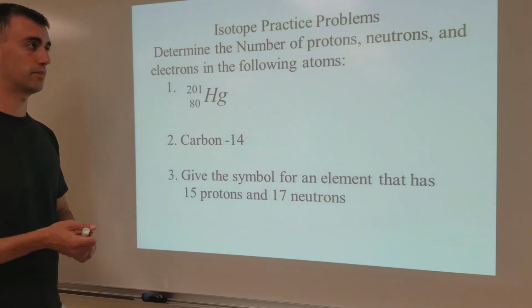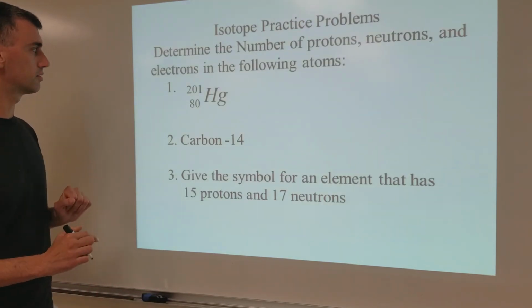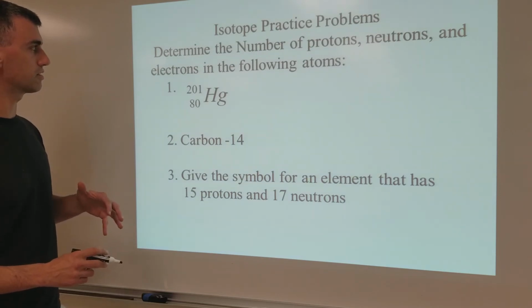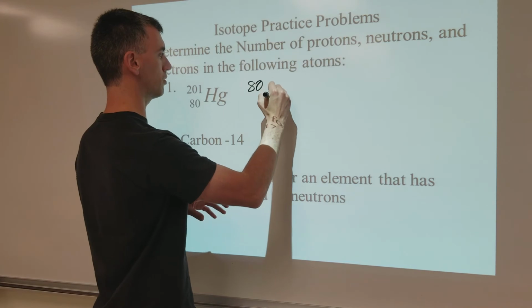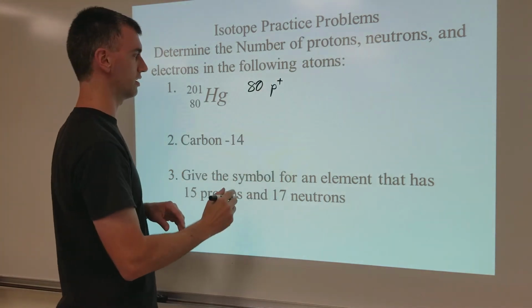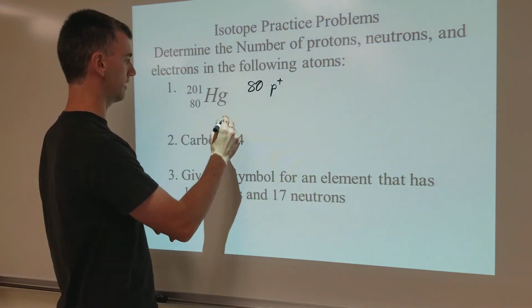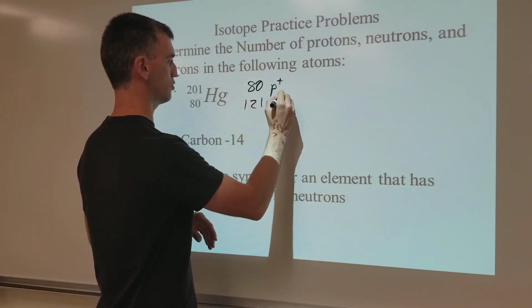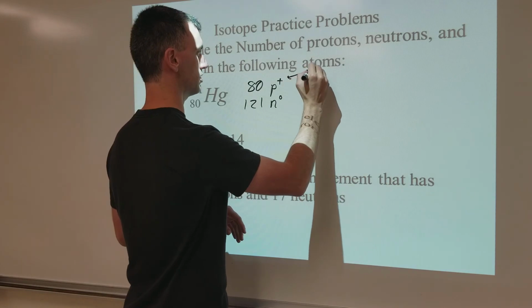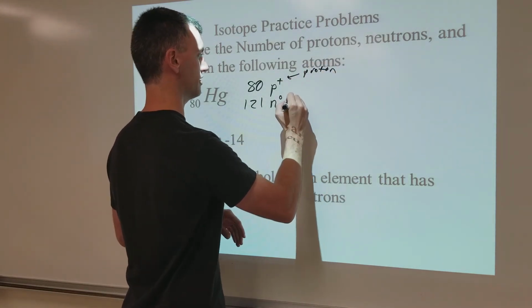By the way, I'll put up the answers just for the sake of you having something to reference. So I would say this has 80 protons. I'm going to use this abbreviation for proton. And then 201 minus 80 is 121 neutrons. Just to make it clear, that's proton. This is neutron.